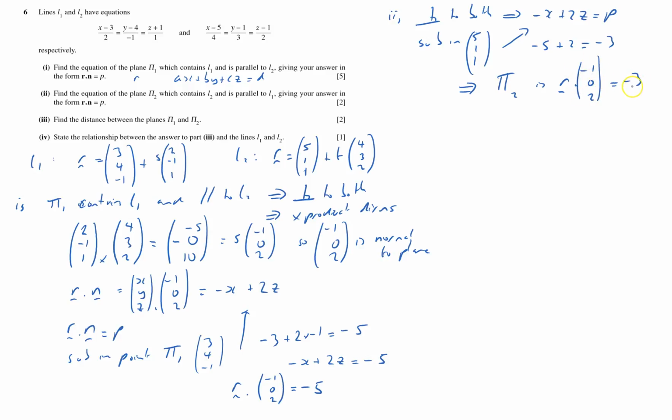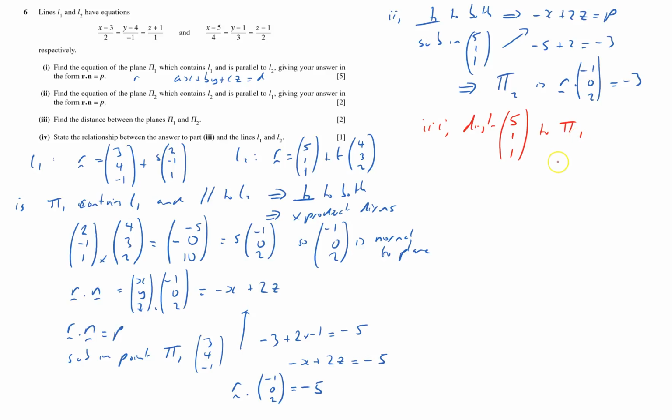Part 3, I'm going to do a different colour, just in case this stuff here gets involved with it. And I've got to work out the distance between the two planes. So I'm going to do the distance from a point in pi2 to pi1. But I'm going to give pi1 like it gives it in the formula sheet.